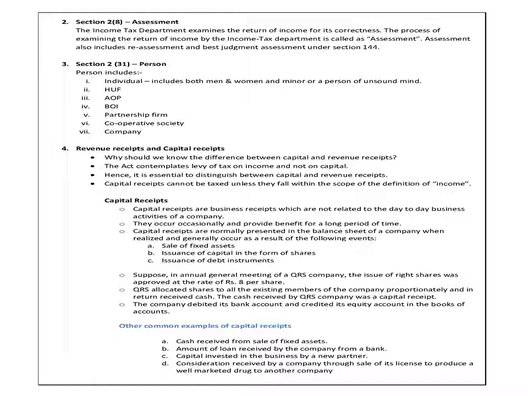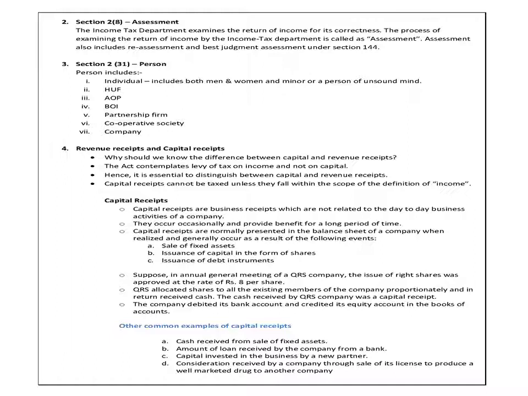So the company receives cash, and this is called a capital receipt. Why? Because the company is issuing rights shares to the members of the company. The members give money to the company. So this money will be called a capital receipt or capital money.